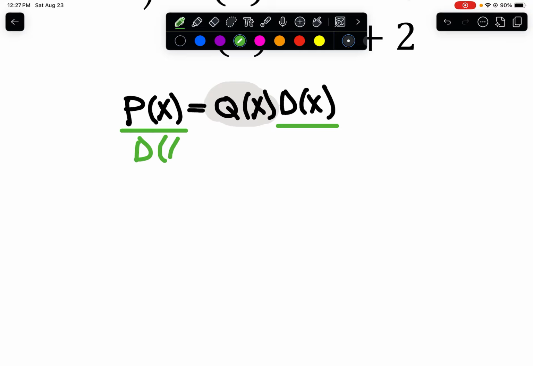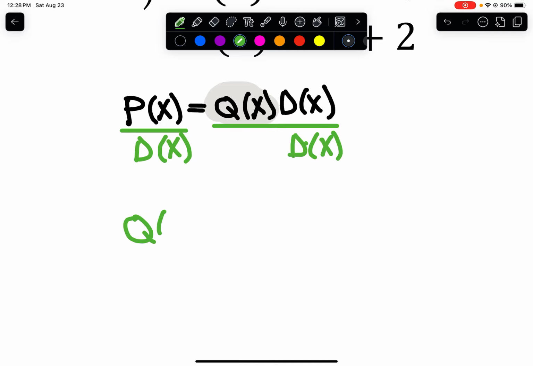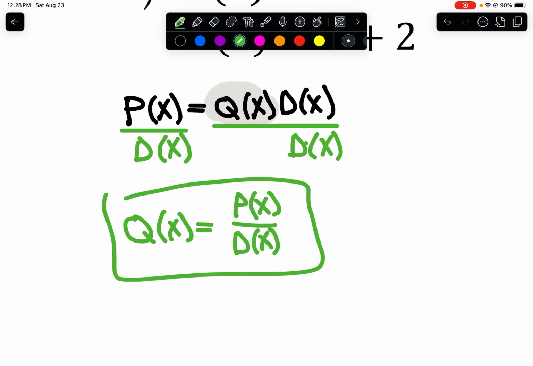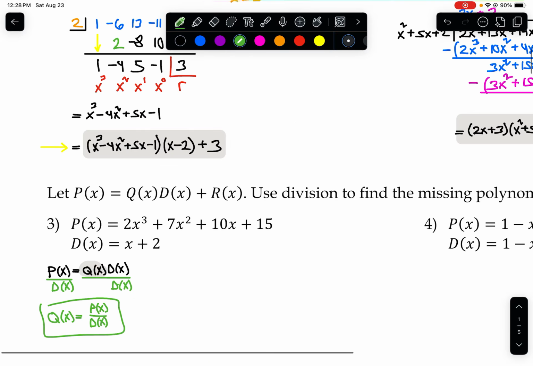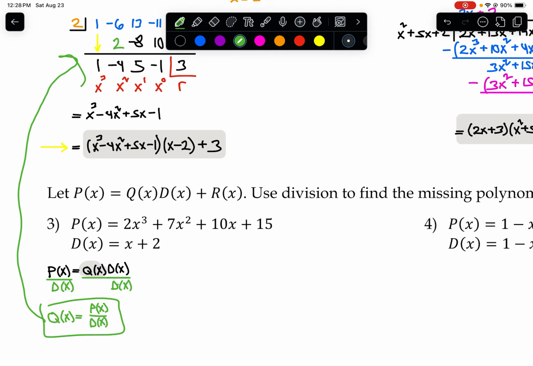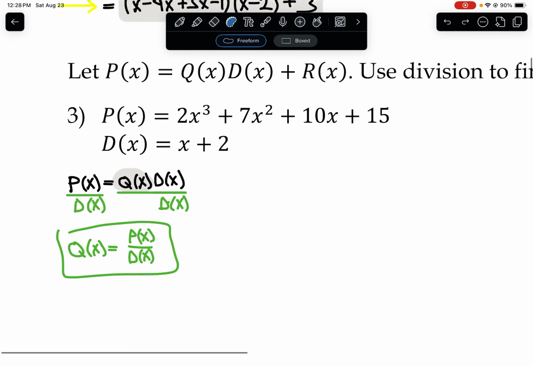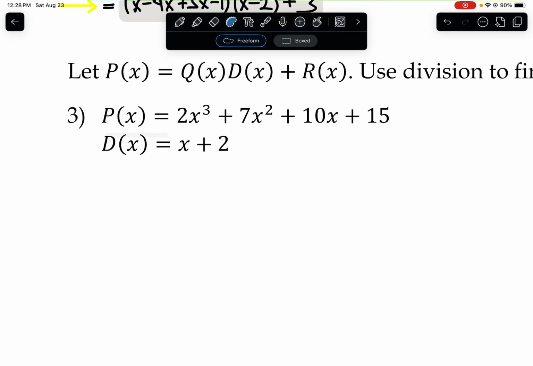So if I divide by the divisor, which is d of x, this should be all the way across. There we go. So that means your quotient is equal to the polynomial divided by the divisor. So it's the same thing, it's just a different setup, but this follows the same mechanics and schematics as what we did above on both problems. So that one and this up here. So this is just kind of food for thought.